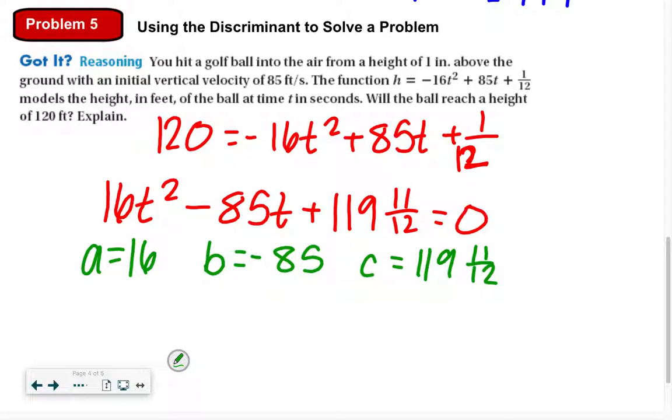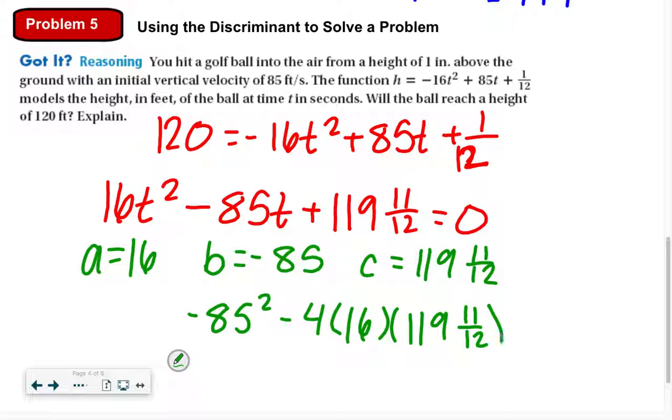So I take my B squared, negative 85 squared, minus 4 times A, which is 16, times C, which is 119 and 11/12. Reminder, what is a negative squared? A positive, not a negative.